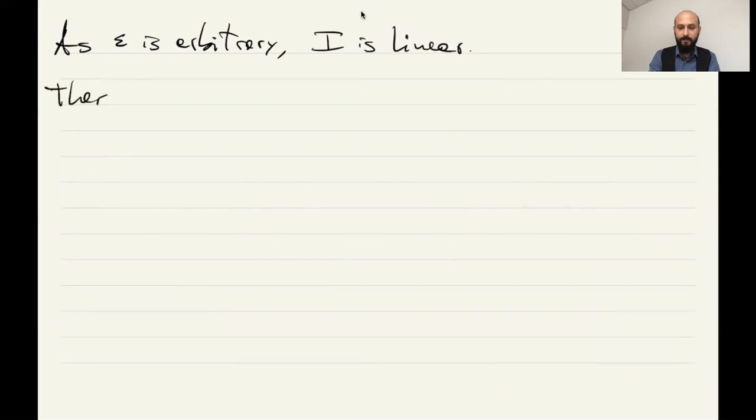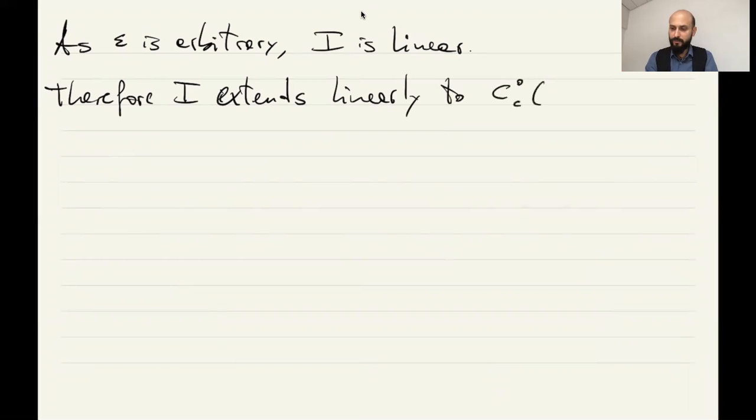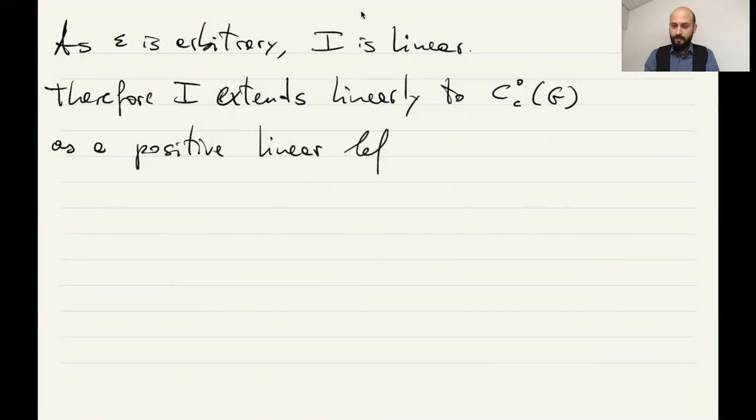As I said before, we can put this at the end because therefore I extends linearly to all the continuous compactly supported functions: positive, because it was positive on C+; linear, because we proved that it's linear, so it has a linear extension; and left invariant, because it was a limit of left invariant functionals on C0, compactly supported.